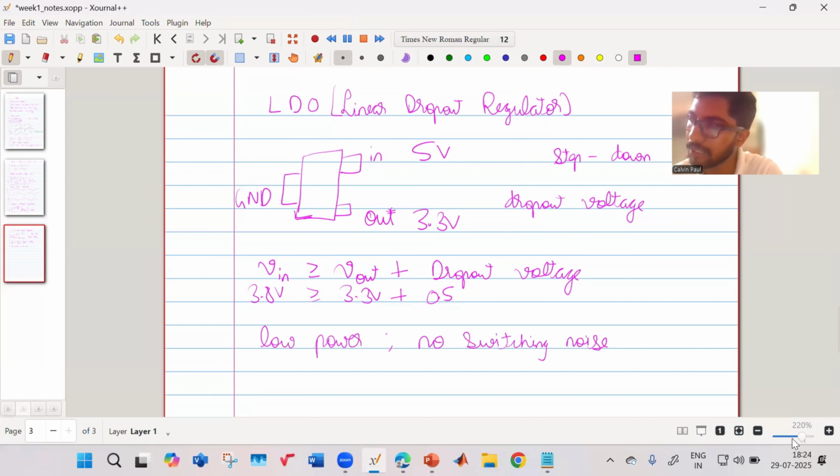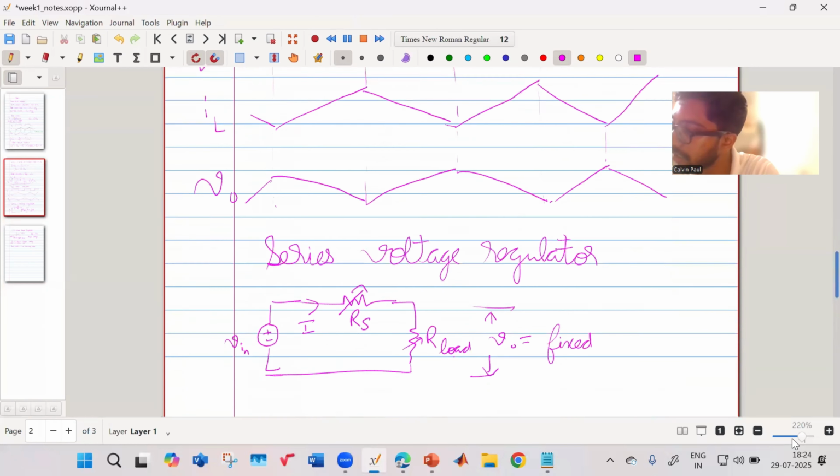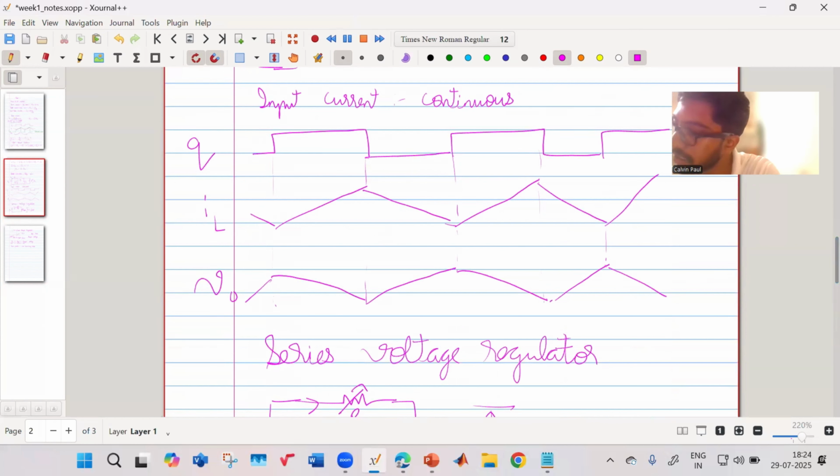This is a bit of an advanced thing, but what happens in an LDO is it is smoothly regulating the voltage. But in the case of a boost converter, let us say your output voltage is rising, falling, rising, falling, and it is happening in this time frame T. So there it is a periodic signal.